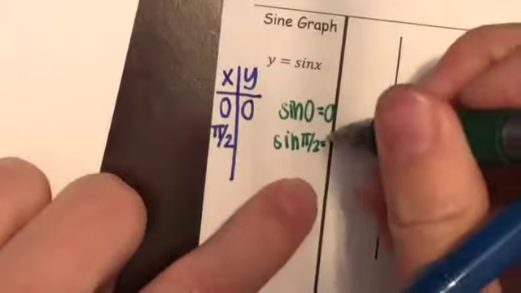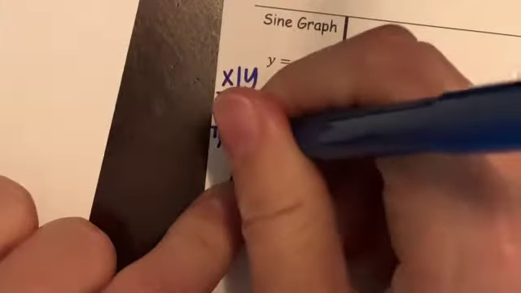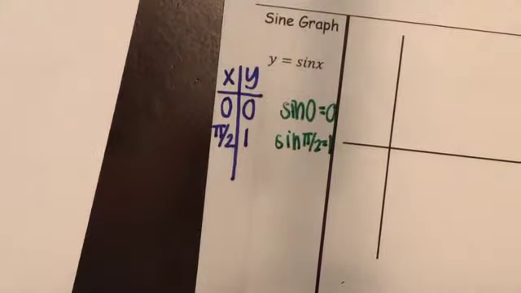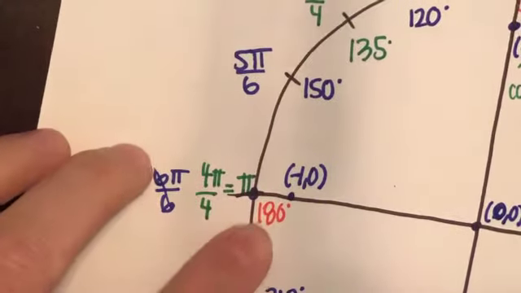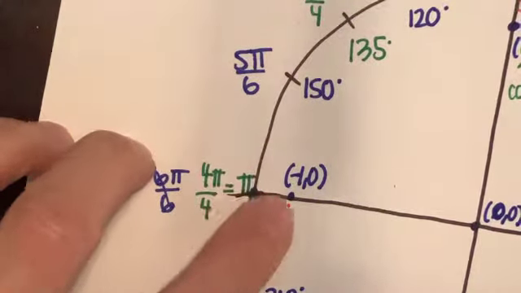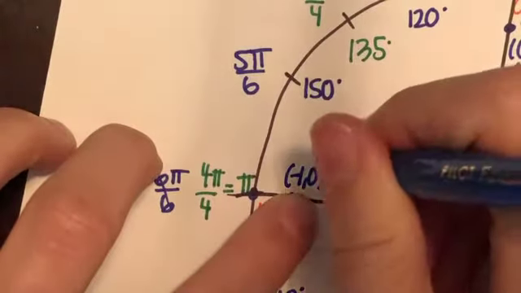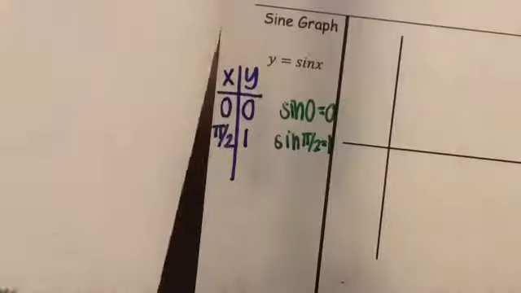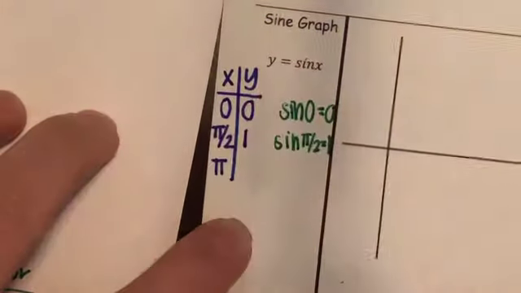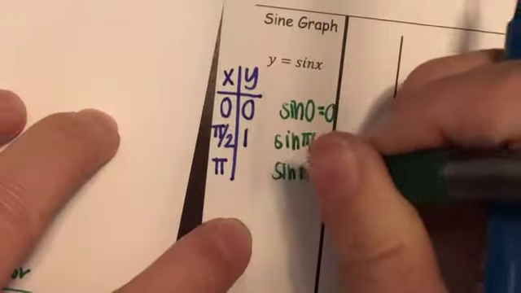So sine of pi over 2 is going to equal 1. So there's another ordered pair that's going to follow my graph. Then go to your major axis over here for pi. Now we're going to plug in pi. If I ask you to find sine of pi, it's going to be 0. So if I plug in pi, sine of pi equals 0.